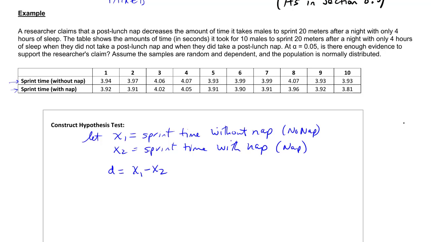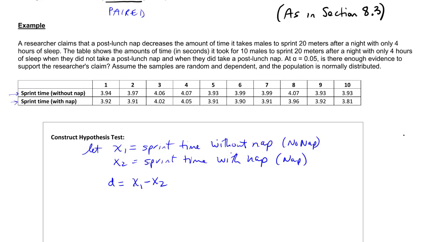All right, so this is the hard part, really figuring out how this is supposed to work and whether the mu d, the mu difference here, is positive or negative or zero. So if we're looking at the difference to be the without nap minus the with nap, the way this researcher has claimed is that the nap decreases the amount.